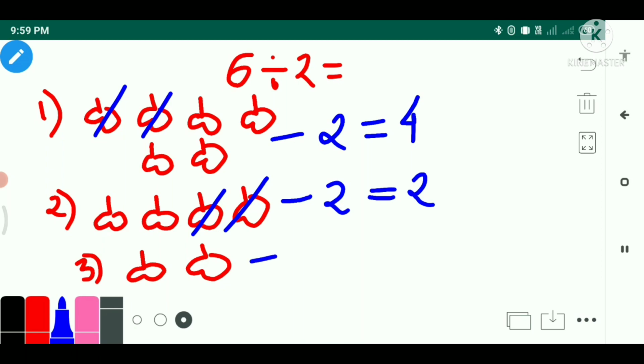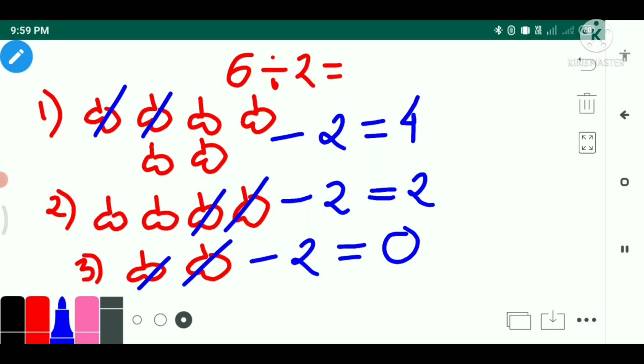Again I will remove 2 from it. How many apples will be left behind? 0 apples, right? So we got 0. That means our dividing of these apples is now completed.